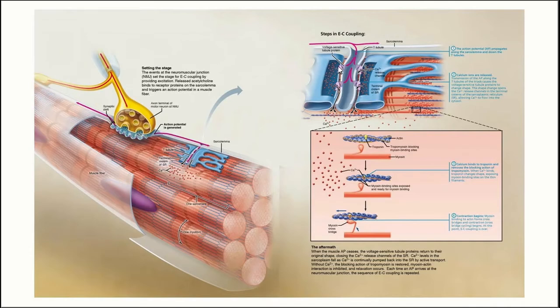And these small voltage-sensitive proteins are connected to calcium channels that sit between the T-tubule and the SR, on the terminal cisterns of the SR. So when this action potential stimulates these voltage-sensitive proteins inside the walls of the T-tubule, those proteins change shape. They open the calcium channels on the sarcoplasmic reticulum, and then the sarcoplasmic reticulum releases its calcium into the sarcomere that's deep underneath it.